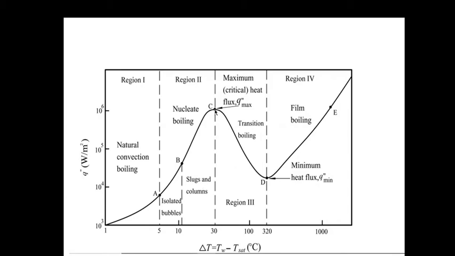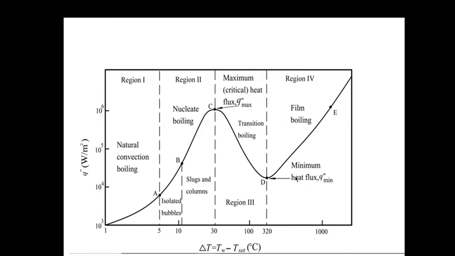B to C is that rising curve. C is the point where the flux is maximum. Then we move forward to the third region, transition boiling.